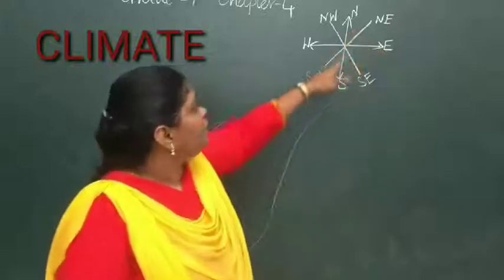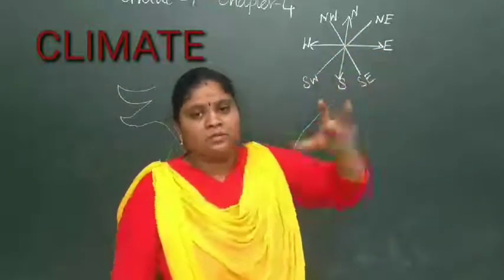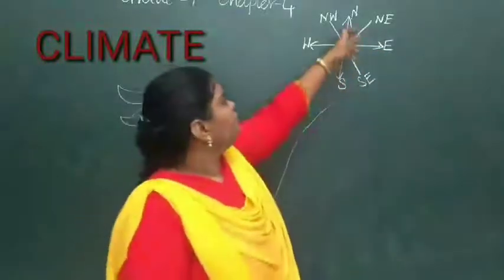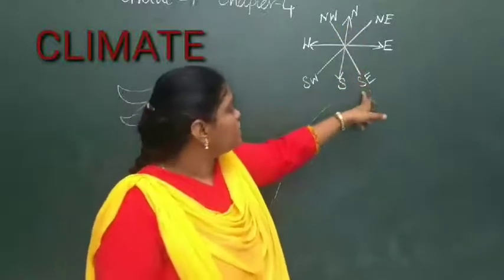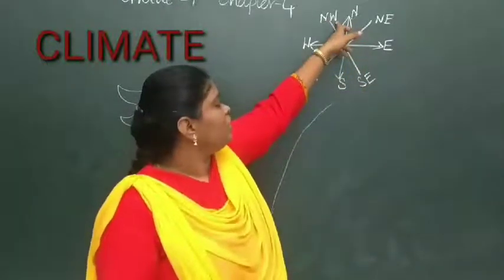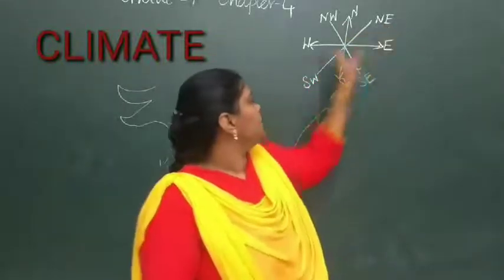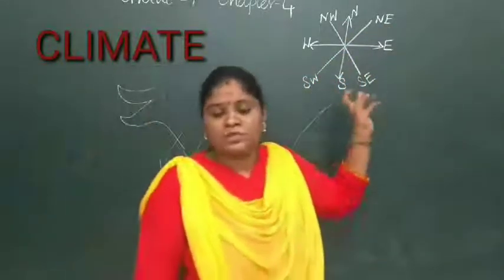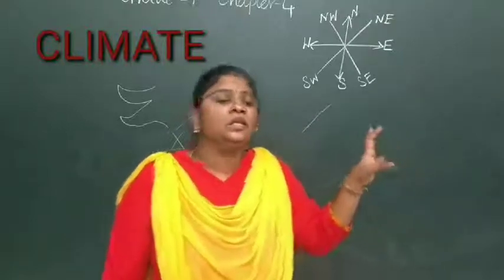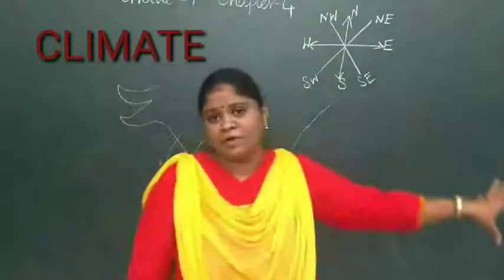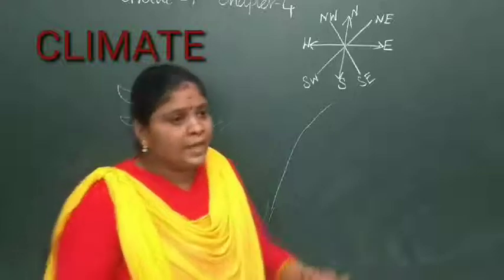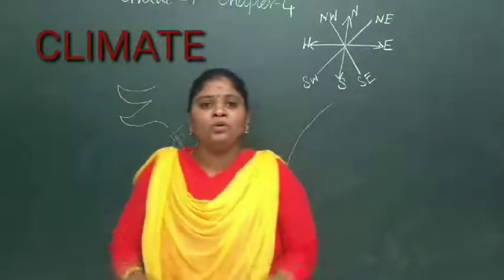You might be drawing them like this, but when you cut this way, it is the northwestern direction, and this is the northeastern direction, and this is southwest. These are the directions which you should be very clear about. And come, let us get into today's topic, that is the cold weather season.